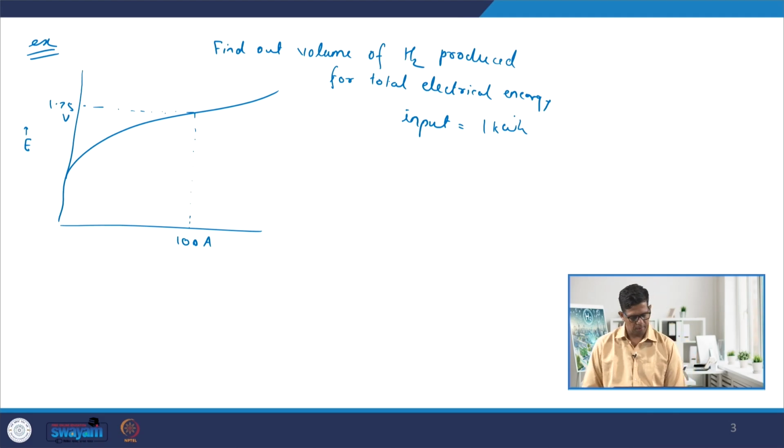So we have been given energy and we need to find out how much is the hydrogen produced for such electrical input, and we have also been given the performance curve.